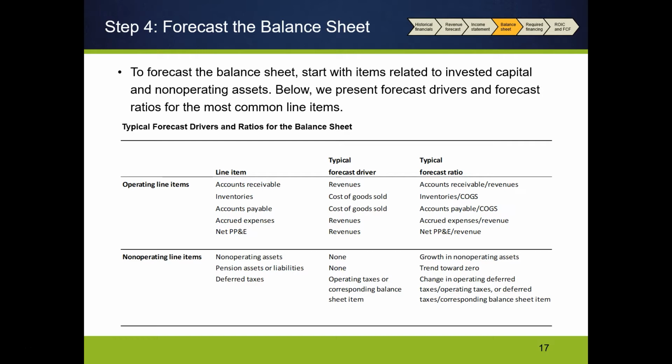Okay. Then we've got some of our non-operating line items, like non-operating assets. We're not going to assume that there is any forecast driver for non-operating assets, because remember, the firm isn't in the business of having non-operating assets. It might have some equity investments that it makes.